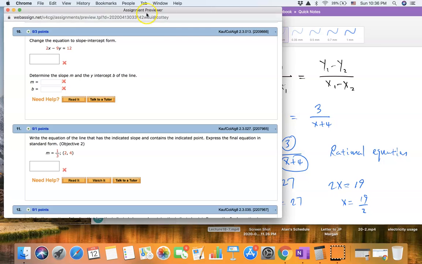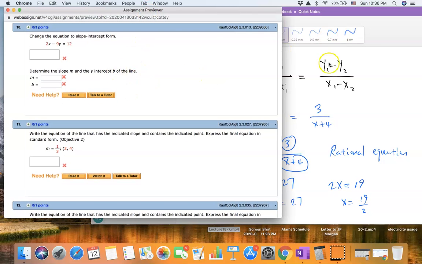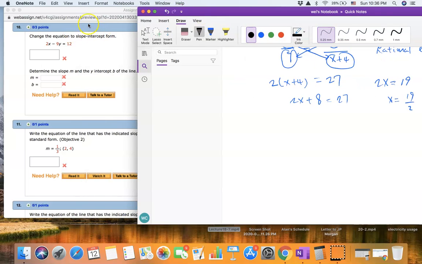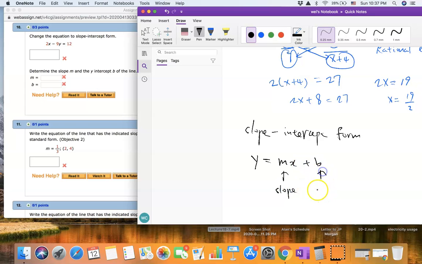All right, let's take a look at number 10. Number 10 says we want to change the equation to slope-intercept form. The slope-intercept form is written this way: y equals mx plus b, where m is the slope and b is the y-intercept.